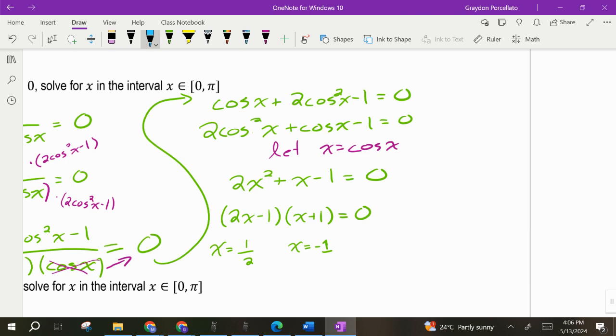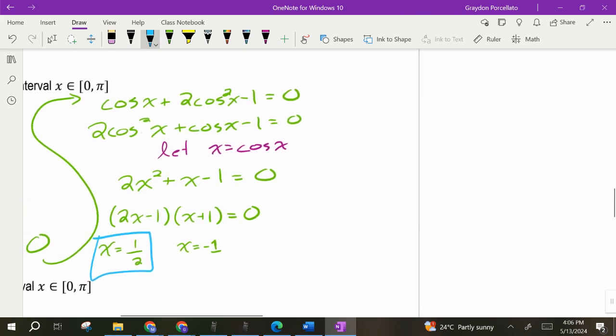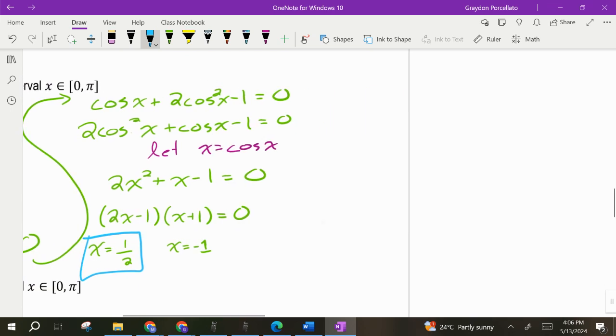Now again, I look for my solutions here. So I sub cos back in. I'm going to say, okay, cos of x equals 1 over 2. I'm going to bring cos over, take the inverse of that. So x equals the cos inverse of 1 over 2.